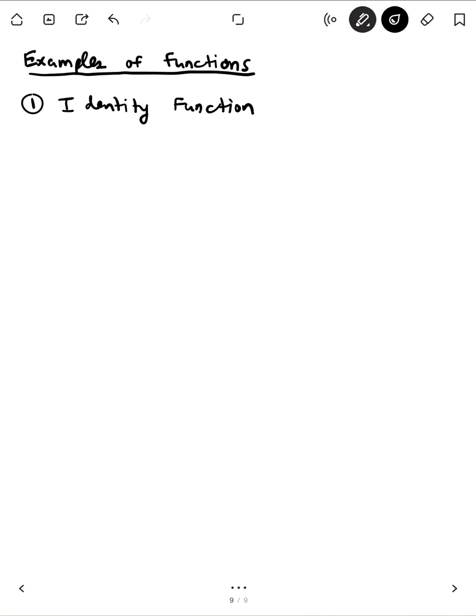So let I_A be a function from A to A. Then for all little a in set A, the identity function acting on little a is just equal to a. So it just spits out the element itself. One of the simplest functions, but yeah, it's a simple function.